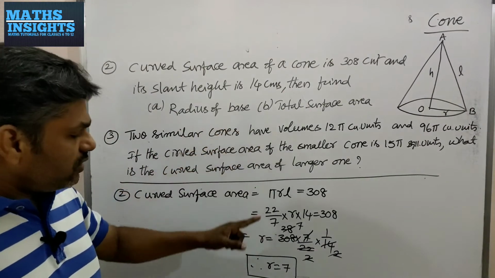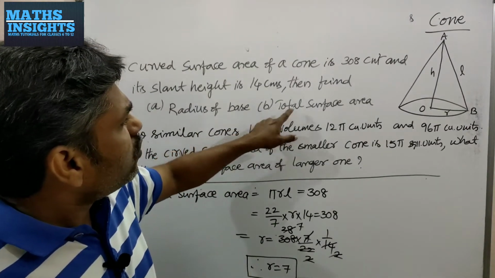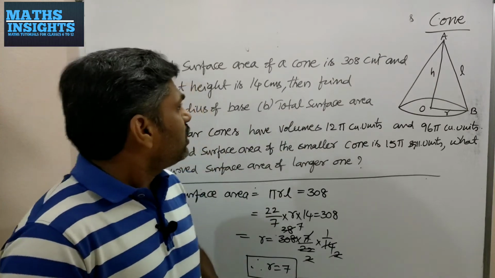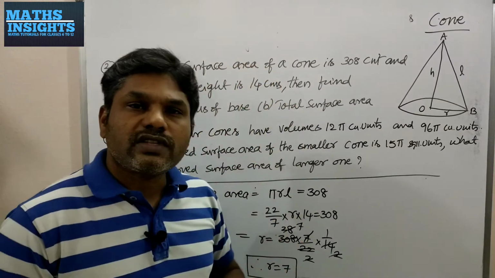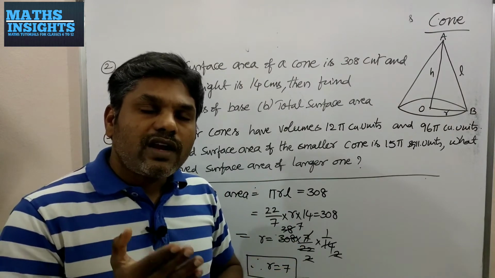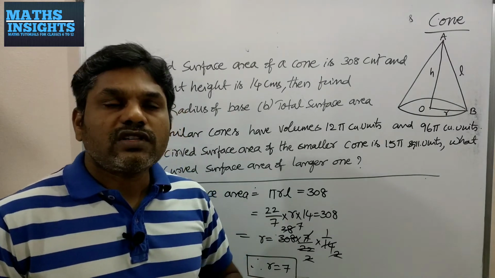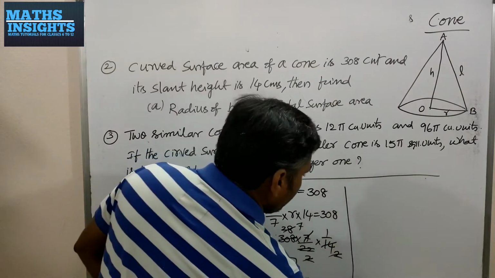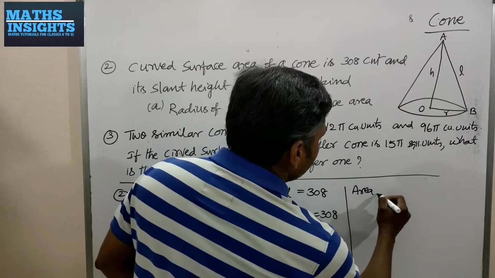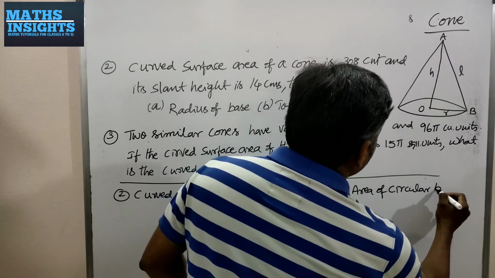Then what they are asking? Radius of the cone is already calculated. The second one they are asking is total surface area. Very simple. You know curved surface area or lateral surface area. For that, if you add the area of the circular base, then that will become the total surface area. Now I will calculate the area of the circular base.